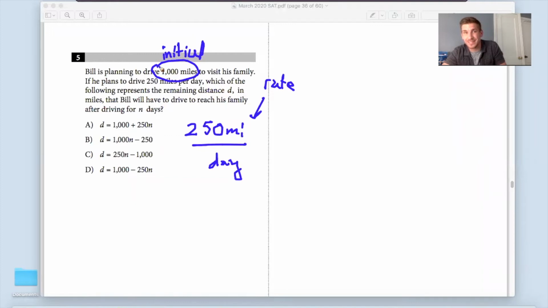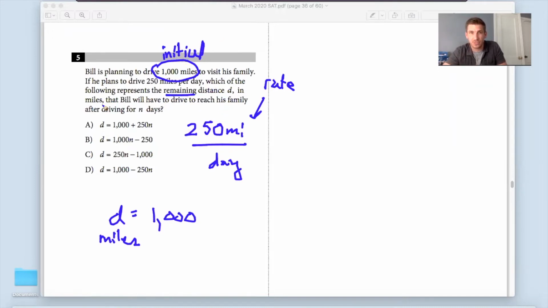Well, distance is what miles is, right? So D here is going to be equivalent to the same unit. So D is in miles, and I start with 1,000, and the word remaining means that he's been driving.